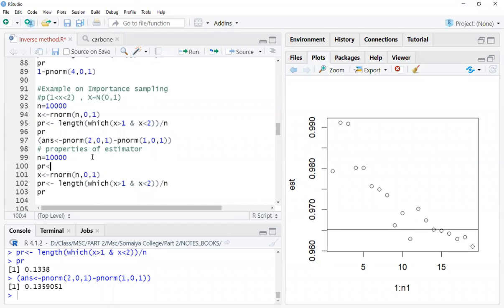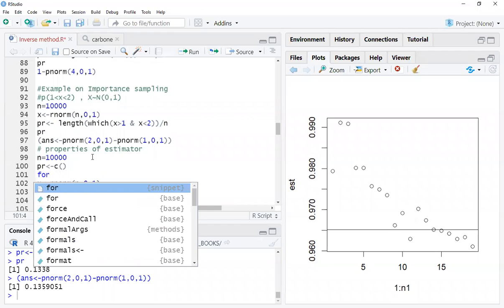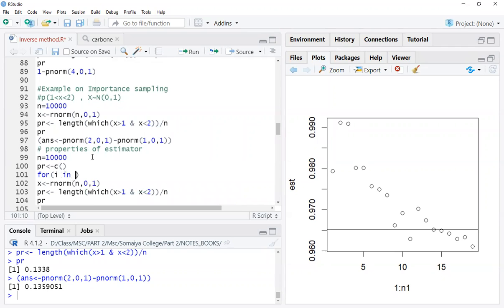You are creating this empty estimate, and now you are using a simulation for i in 1 to let's generate 10,000 under this loop.